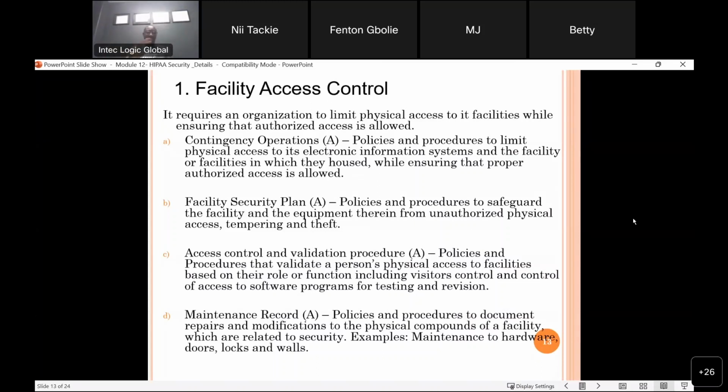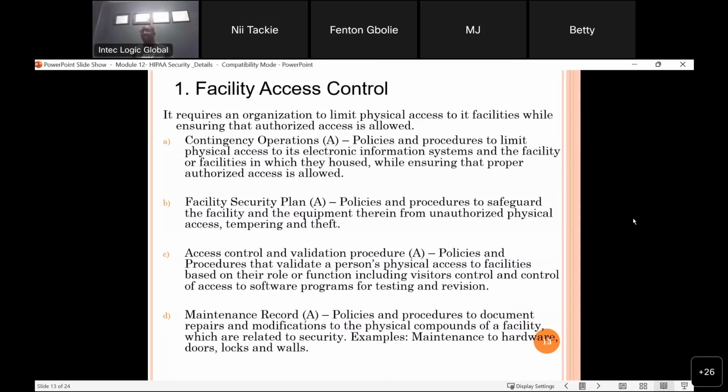They are used interchangeably. It requires an organization to limit physical access to its facility while ensuring that authorized access is allowed, right? I cannot just get up and go to my neighbor's house and start entering it, unless she invites me or she opens the door for me.